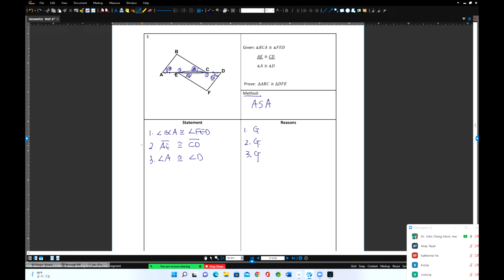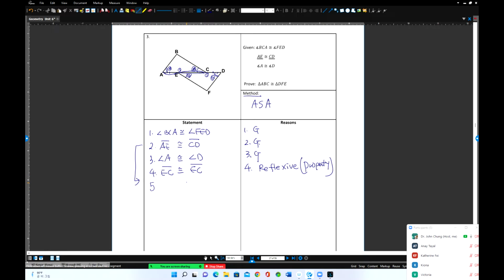So from number 2 we're going to find something, right? A is only this side. So this EC to the EC of the other triangle, there must be the same length. So you're going to write down EC congruent EC. These two lengths of the other triangles are equal, by the reflexive property, or reflexive is okay too.